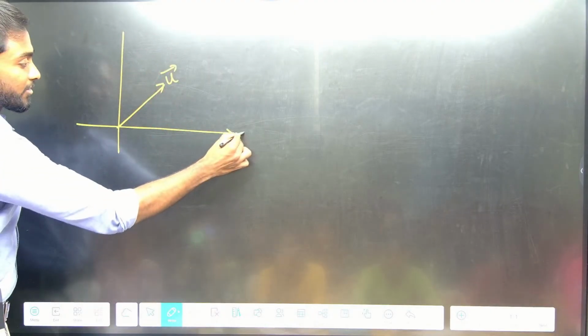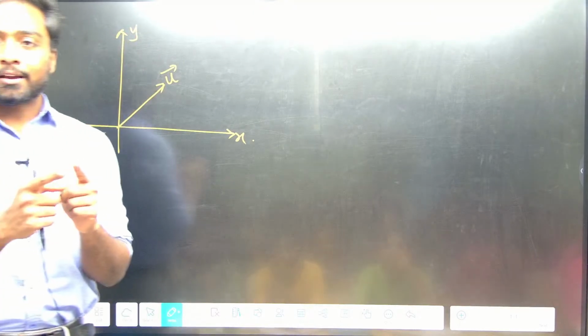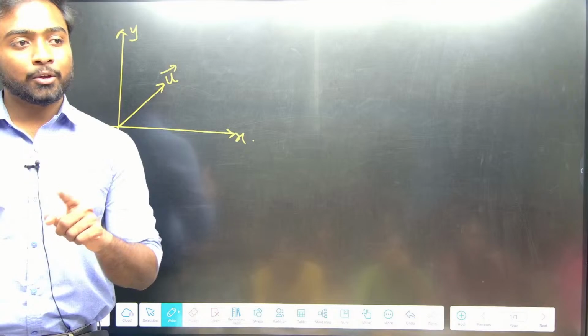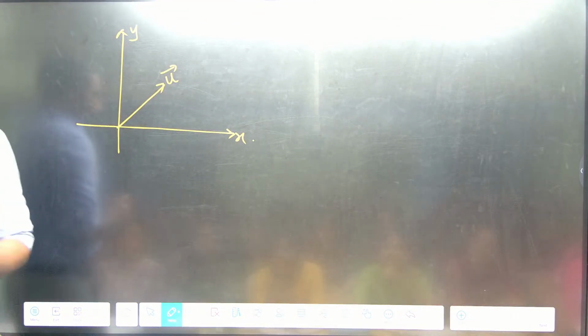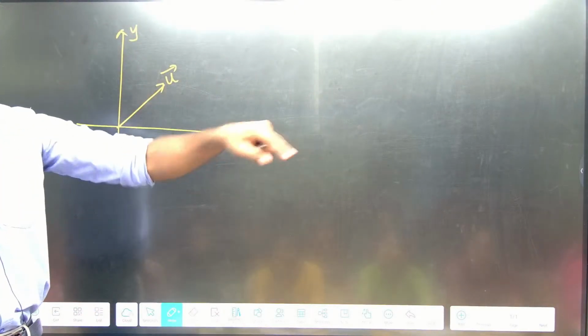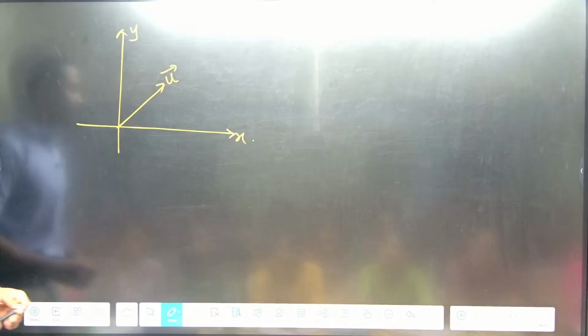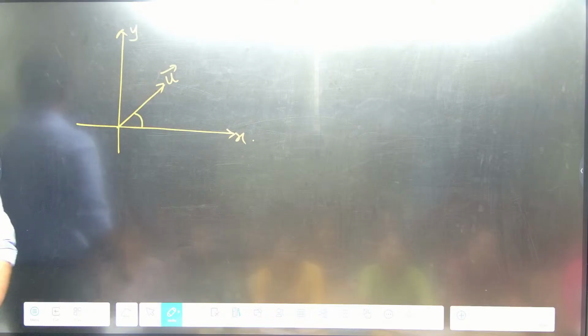This is the x axis and this is the y axis. Now I need to take this u in terms of x and in terms of y also. If I am standing on the x axis and throwing the object, where do I need to take the angle with respect to? The x axis.